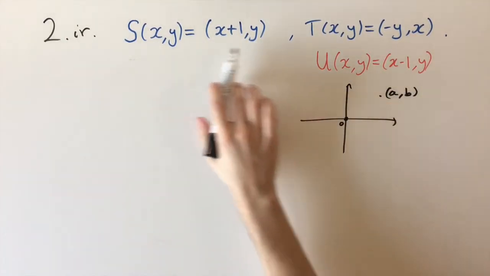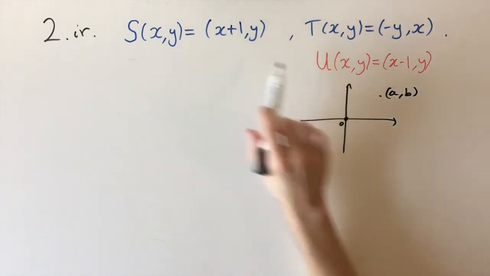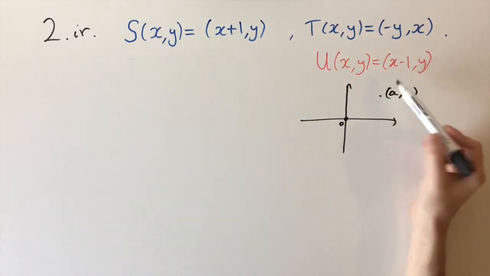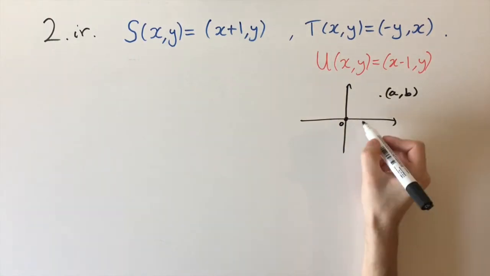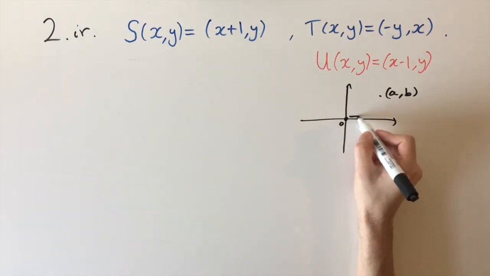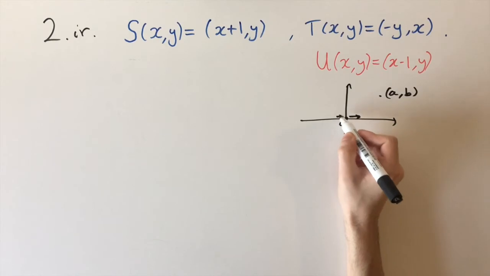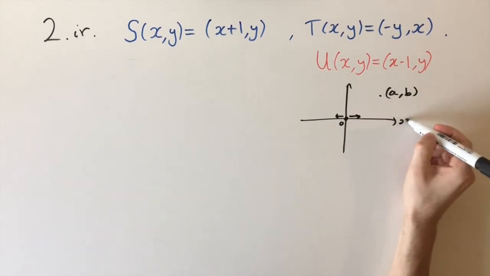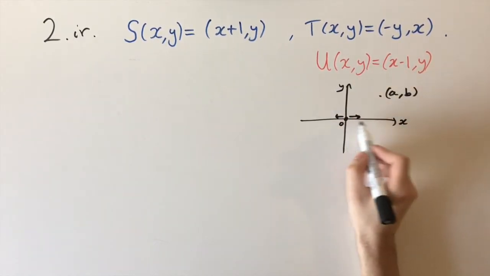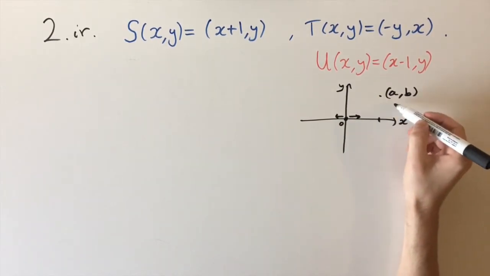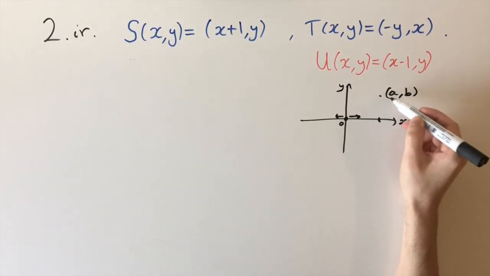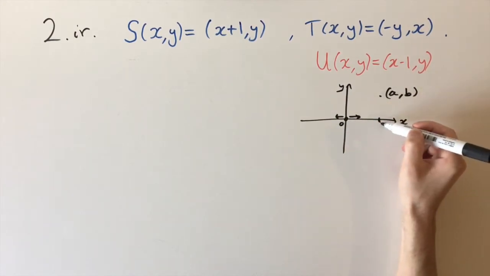Now remember from the previous part, we've constructed u, which is a way to go left by 1, and we also have s, which is a way to go right by 1. So now we have ways to move along the x-axis by plus or minus 1, and intuitively this means we can get to any x value that we're given. So for any a, we can move along this axis and arrive at a.